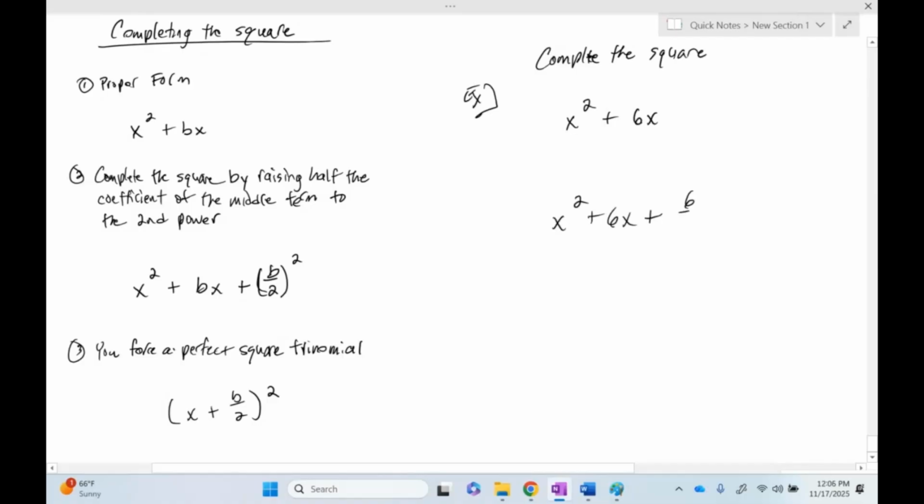So I'm going to take half of the coefficient of the middle term and square it. 6 divided by 2 is 3.